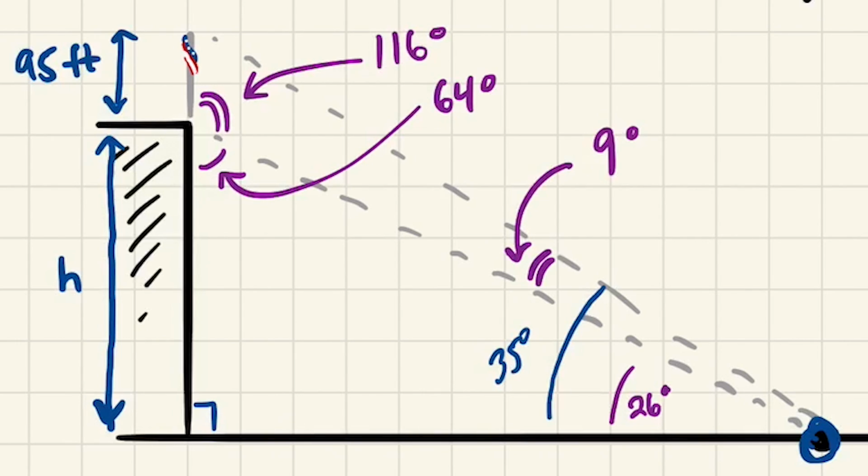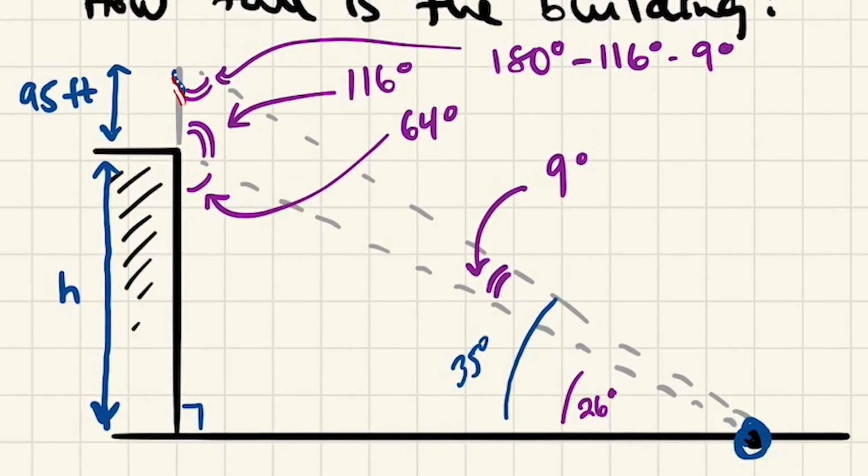All right. And if we know that that's 116 degrees, then we can figure out this angle right up here. Because that angle right there is going to be 180 degrees minus 116 degrees minus 9 degrees.